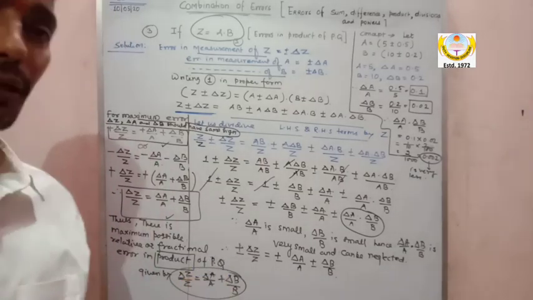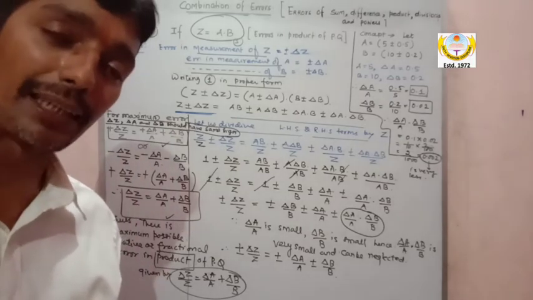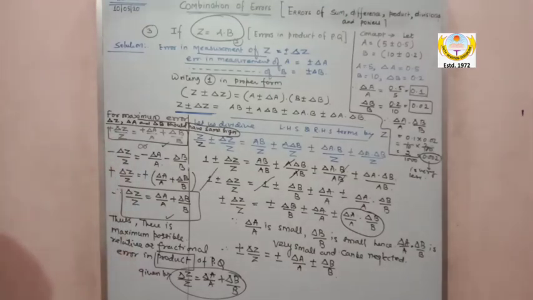But in sum and differences, there is the concept of maximum possible absolute error. Please take it. So this is the theory, and we can go for the numericals based on this topic also. I will do the numericals together for all the sums.